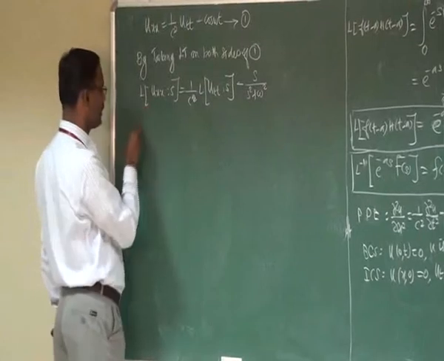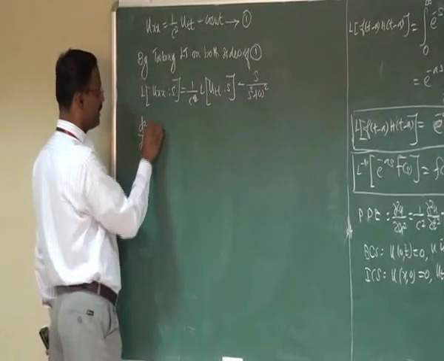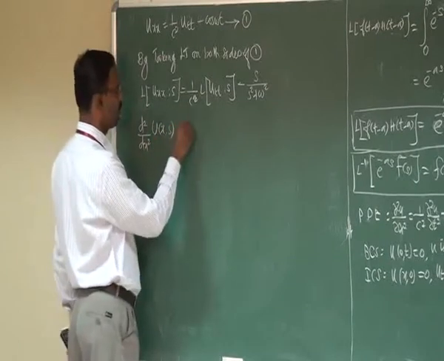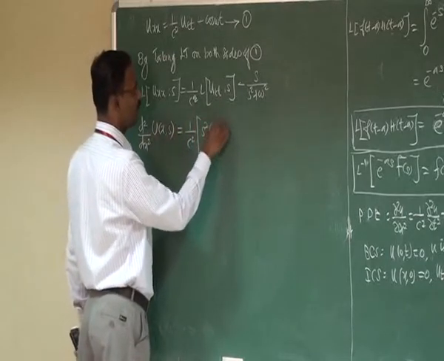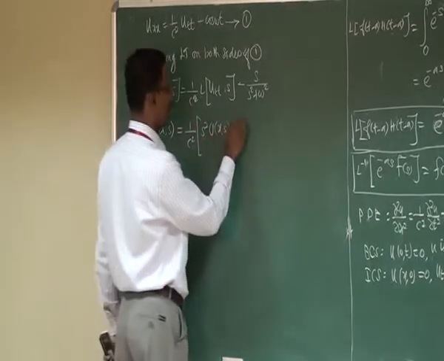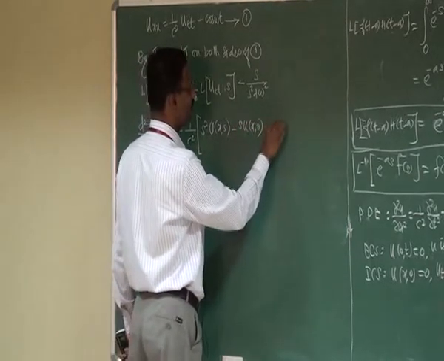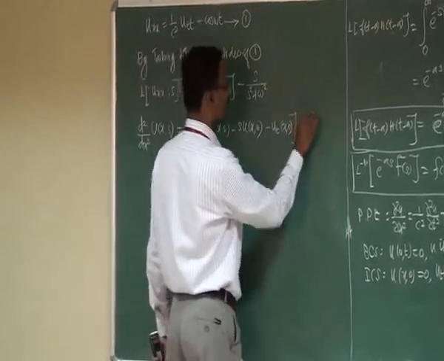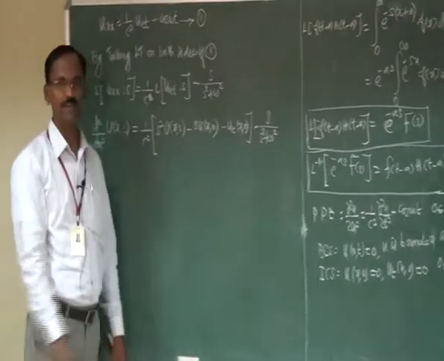So by our results, it is equal to d square by dx square of u bar of x comma s is equal to 1 by c square into s square into u bar of x comma s minus s into u of x comma 0 minus ut of x comma 0 minus s by s square plus omega square.